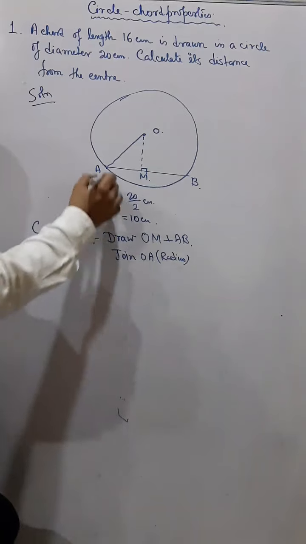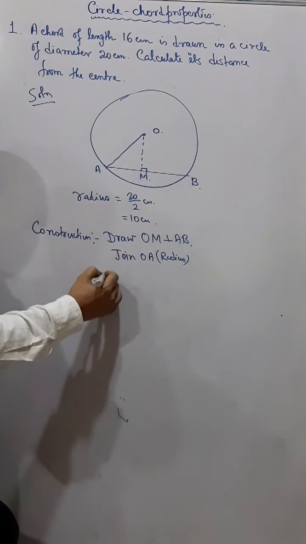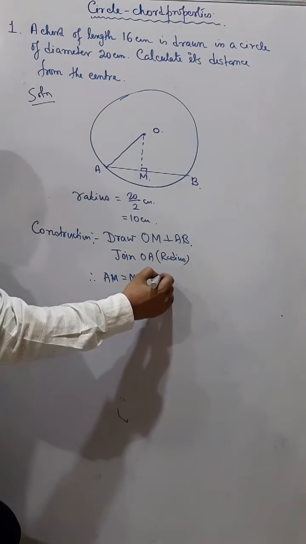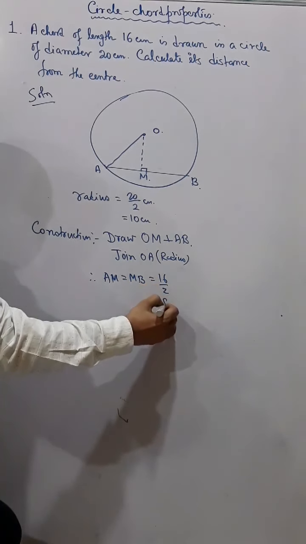So now we can say AM is equal to MB. That will be 16 by 2 is equal to 8 centimeter.